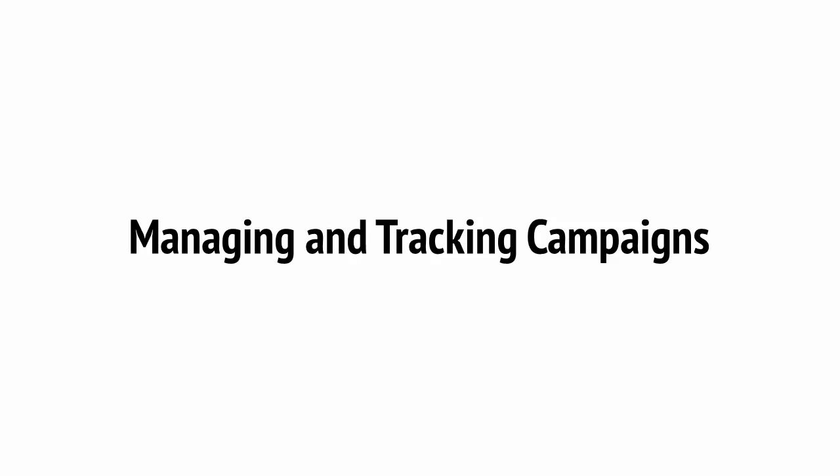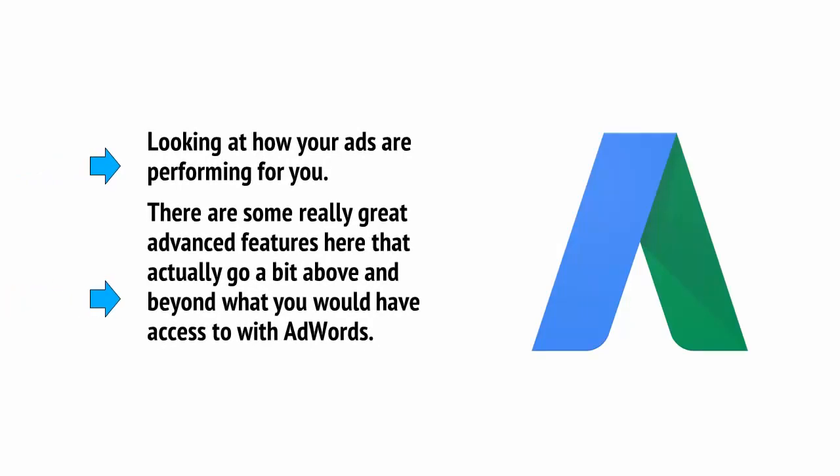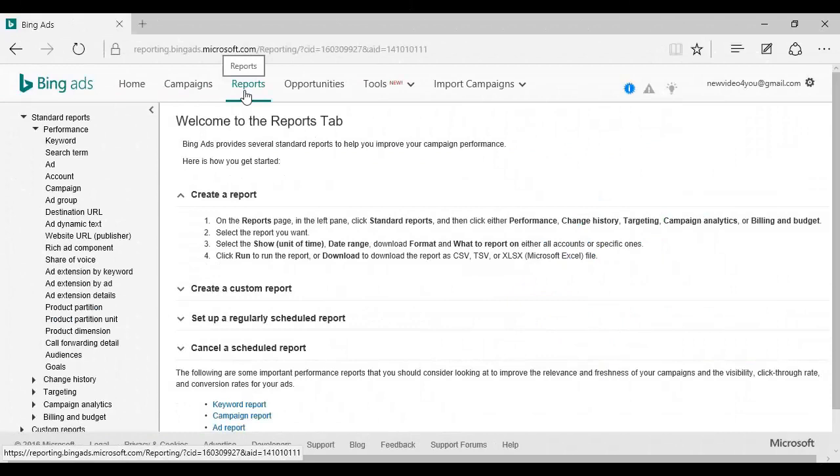In this case, that's going to mean looking at how your ads are performing for you. And there are some really advanced features here that actually go a bit above and beyond what you would have access to with AdWords. We'll delve into these in more detail in the next video. But for now, make sure you're watching your basic metrics like a hawk.